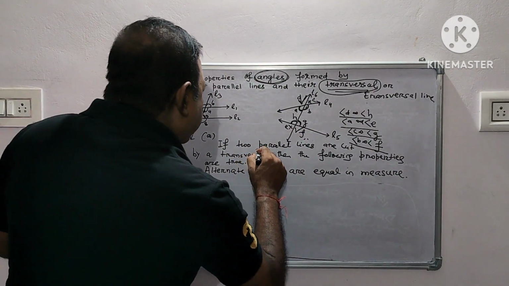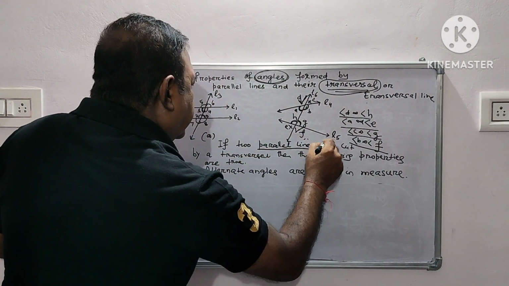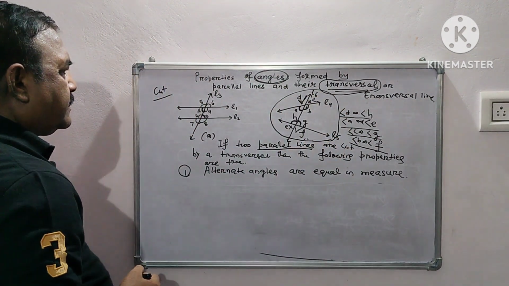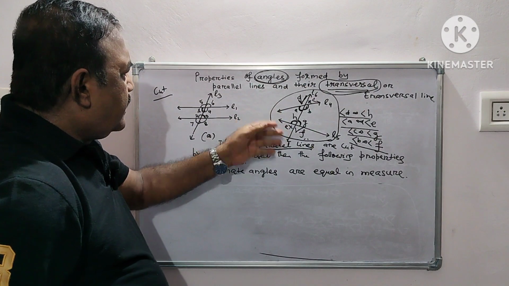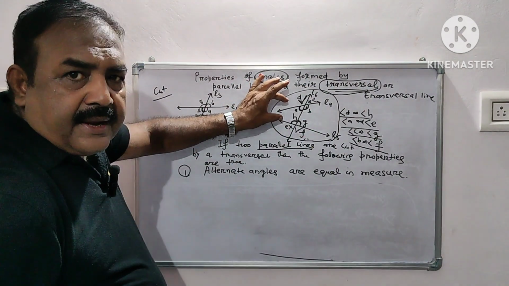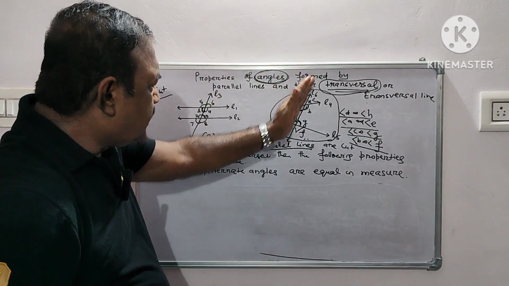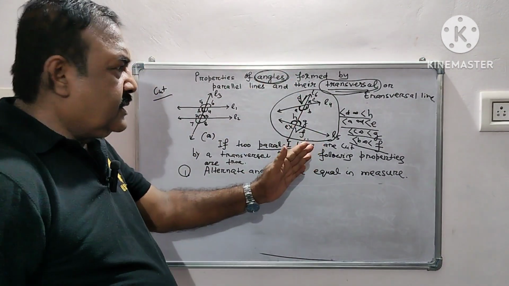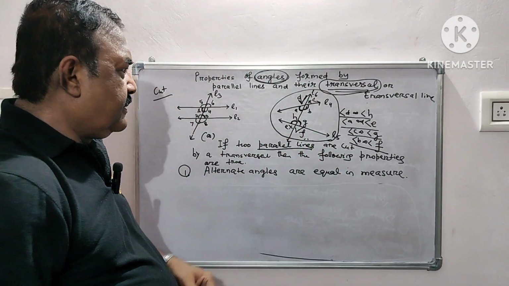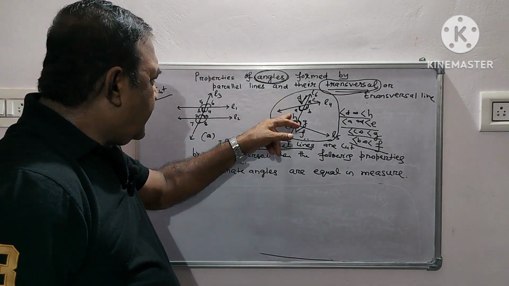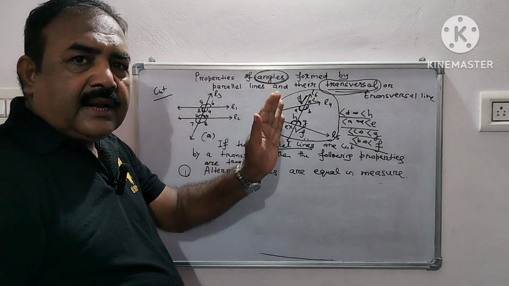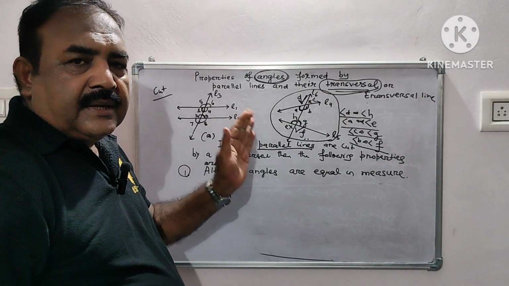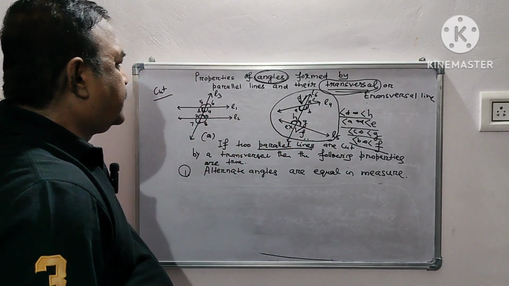If two parallel lines, so this case is discarded, we cannot take, because here two non-parallel lines are cut by the transversal. Alternate angles exist, corresponding angles exist, but here in this case alternate angles are not the same in their measure.